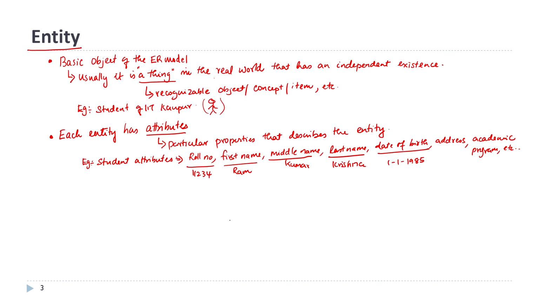Okay. The roll number, the first name, last name, middle name, they are all attributes of the particular student because they describe that student, whoever is called Ram Kumar Krishna, whatever name we just came up with. Okay. So, those are the attributes. Then there are many types of attributes.